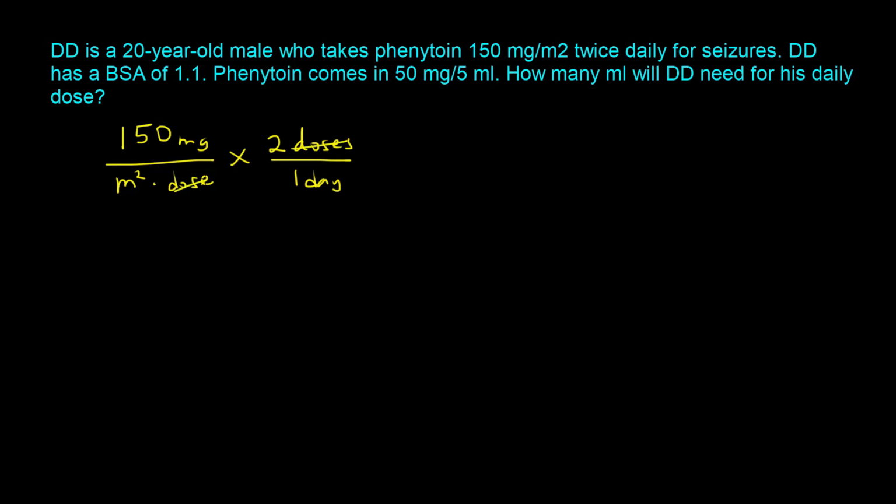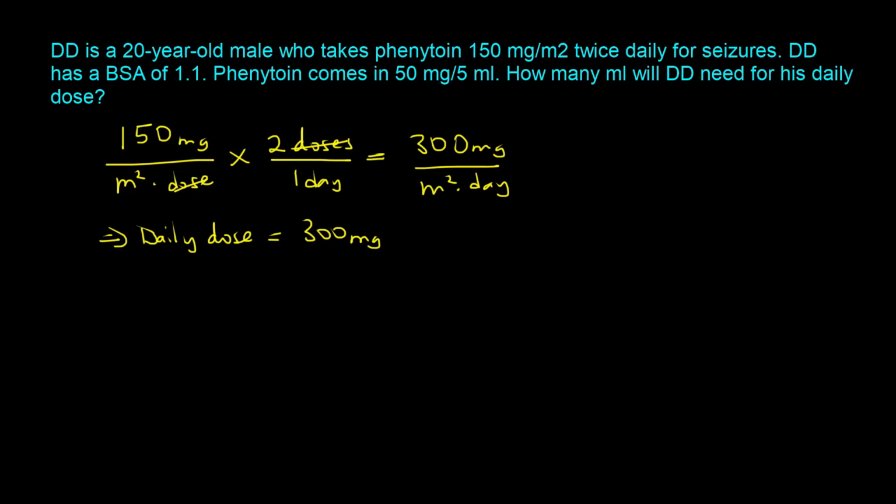So now the doses can cancel out, and what we actually have is 300 milligrams per meter squared every single day. And so this implies that the daily dose is actually going to be 300 milligrams per meter squared.